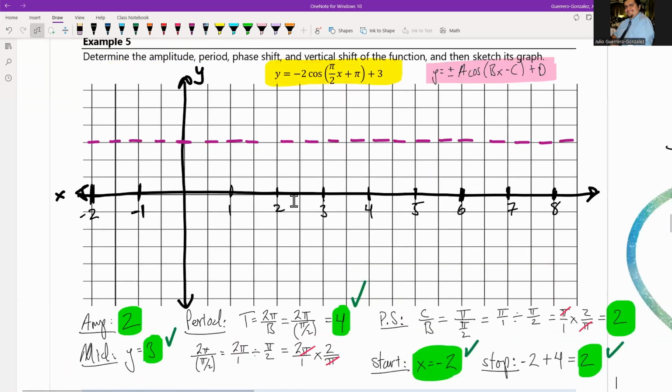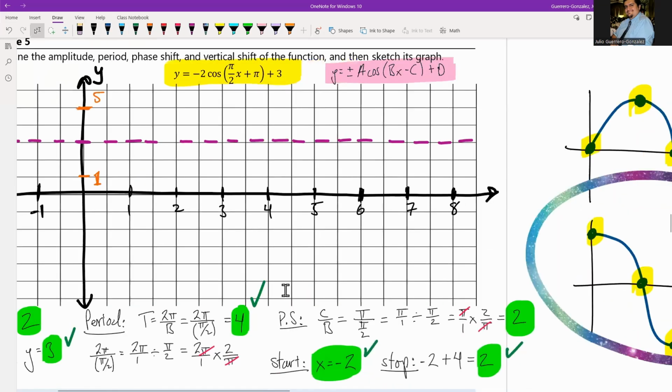I know this thing should have an amplitude of 2, so that means I'm going to go ahead and grab my orange here. From the midline, it should climb to and drop to. So if that's 3, it should climb to 5, and it should drop to 1. We have everything we need. Since it's a negative, it's going to be an upside down version of our cosine graph.